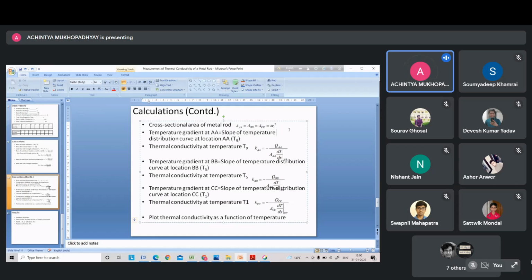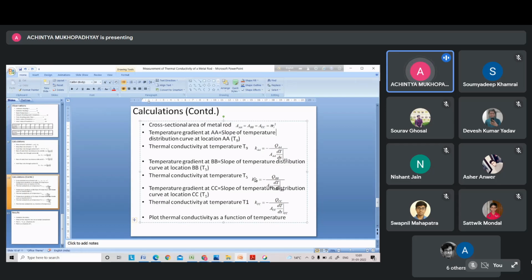So then the temperature gradient at A, that should be the slope of the temperature distribution at location A. So how do you get that? You plot the temperature at the 9 locations and draw a best fit curve through it, and whatever slope you get at any location, at A, that would be dT/dx at A. So this is how you get the thermal conductivity at location A, which is at temperature T9.